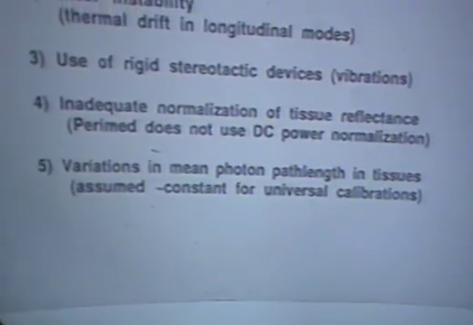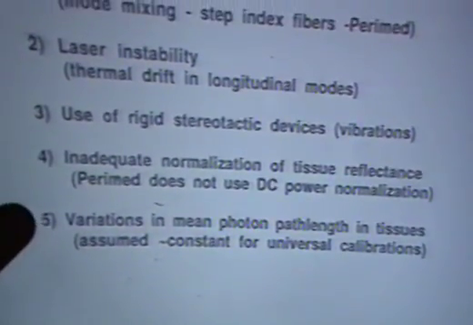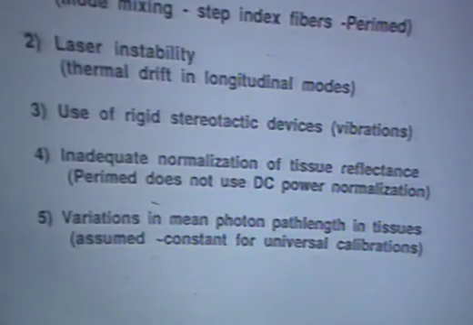And more importantly, for those devices that are applying a constant calibration factor for various tissues, one of the main limitations is the variation in the mean path length in the tissues. You have a fixed probe geometry, fixed laser, but the optics in the tissue may vary, so that in one tissue where the absorption is less or the scattering is less strong, like in muscle, the path length may be longer.